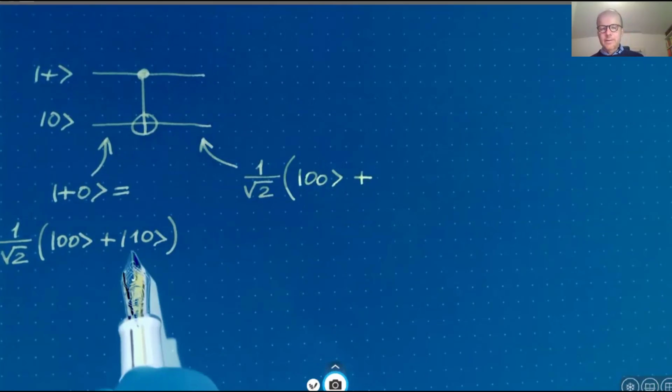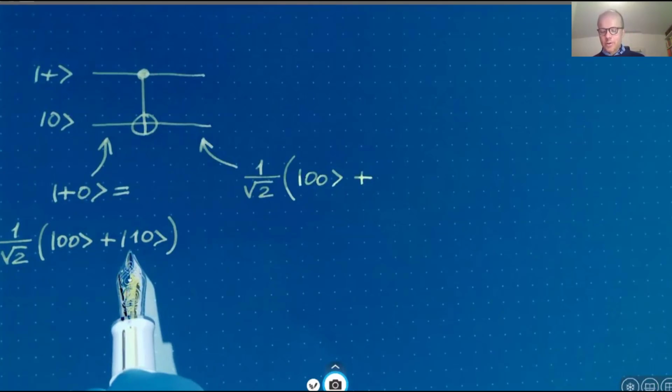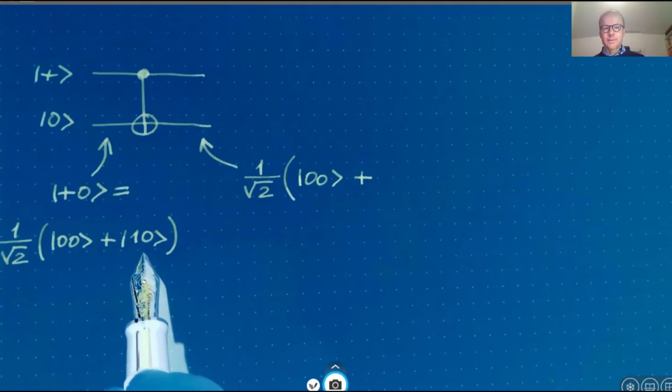The second state, 1, 0, there the control qubit is in basis state 1. This means the C0 gate flips the target. So the target state is flipped from 0 to 1.